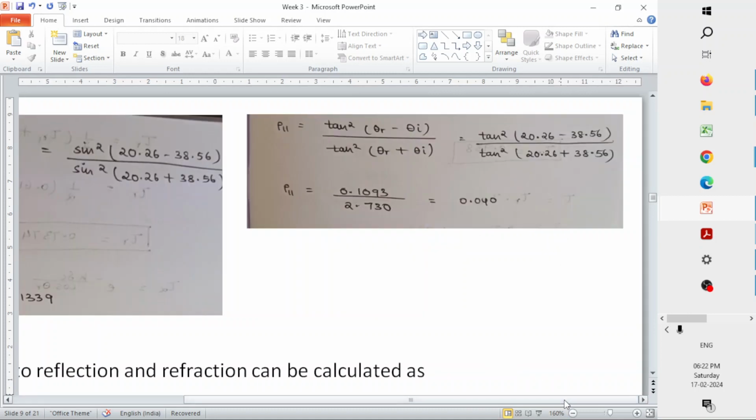Now another polarization component due to reflection and refraction is rho 2. Rho 2 is nothing but tan square of theta r minus theta I divided by tan square of theta r plus theta I. So this will be remaining the same. It's just that for rho 1 it is sine and for rho 2 it is tan. So let's calculate that as well.